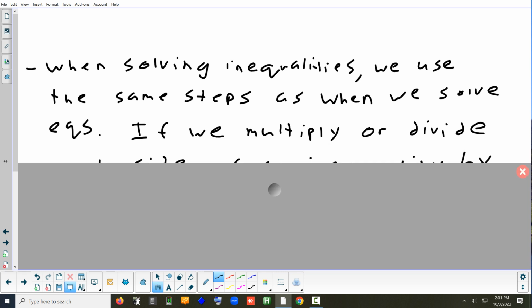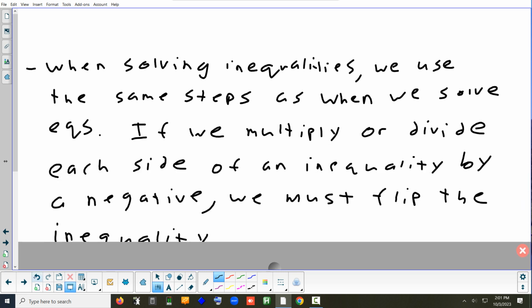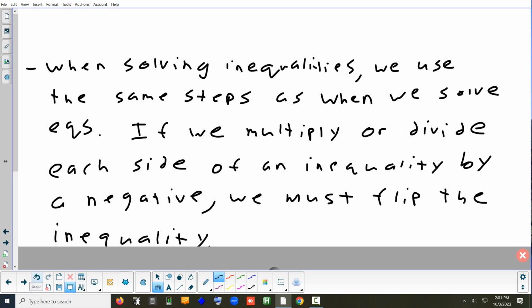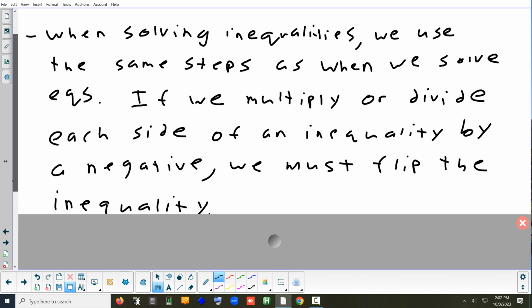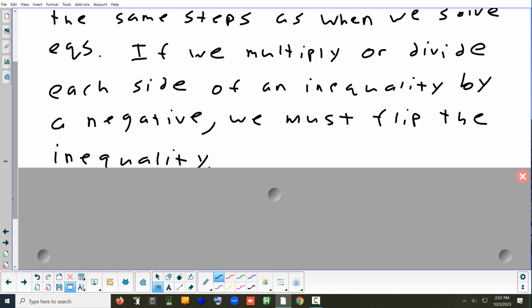Yeah, it's a negative. So if you multiply or divide, not add or subtract, just multiply or divide each side by a negative, you have to flip the sign. That didn't come up yesterday because we weren't talking about inequalities, but it does come up today.